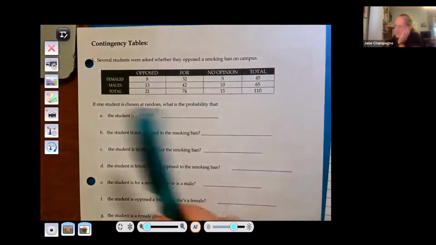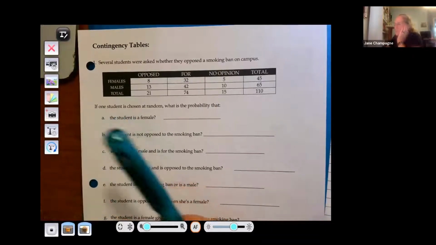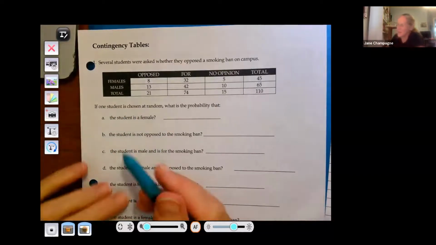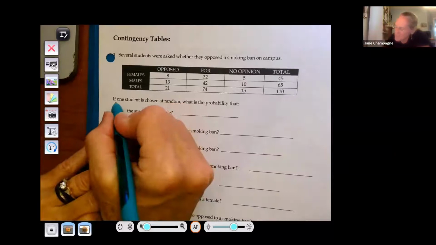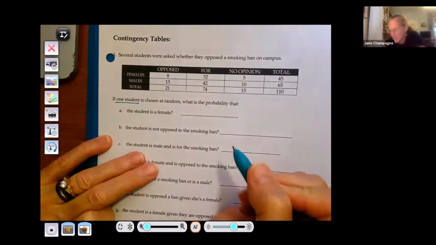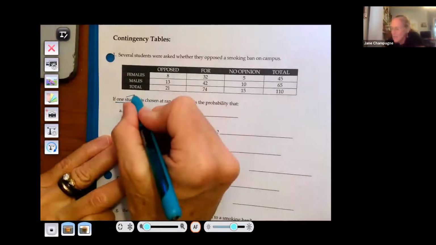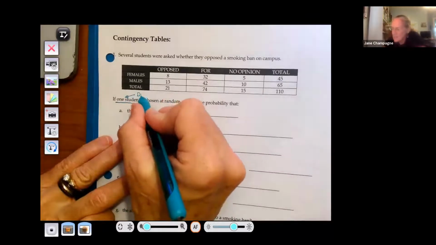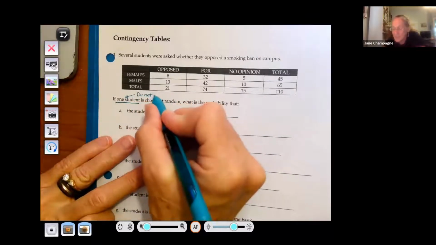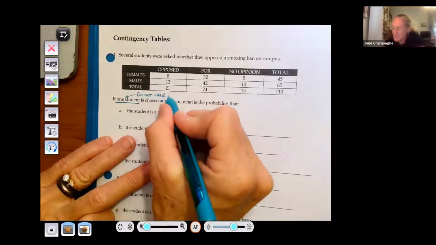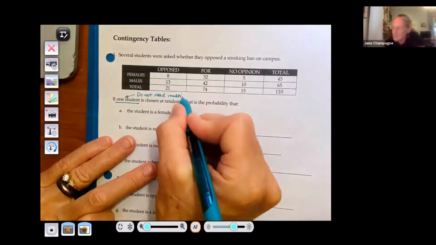Okay, so it says one student is chosen at random. One thing that's kind of nice is when it says one is chosen, you do not need the multiplication rule. So that's good news.